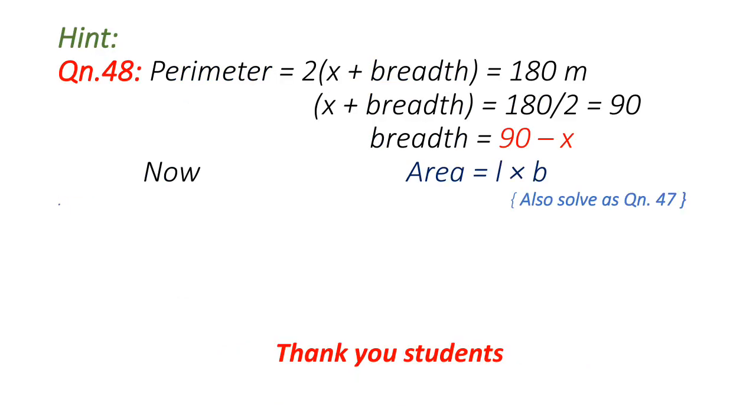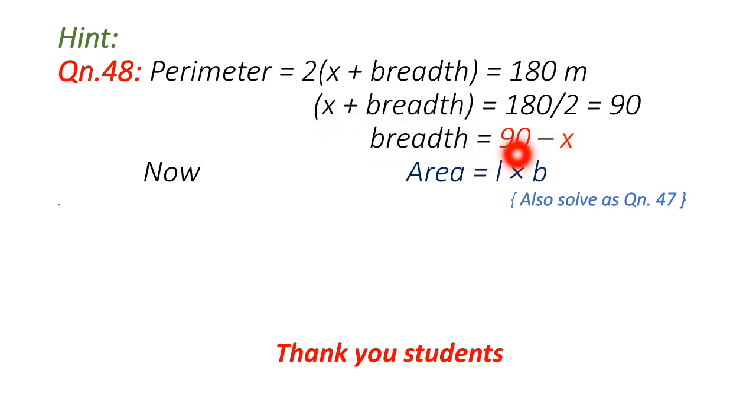Now see question number 48. Here we have the perimeter, and we are considering the perimeter first, and it is given as 108. For the breadth, it is calculated 2 into x plus breadth is equal to 108, and this 2 is divided on the RHS, so x plus breadth is equal to 90, so breadth is equal to 90 minus x.